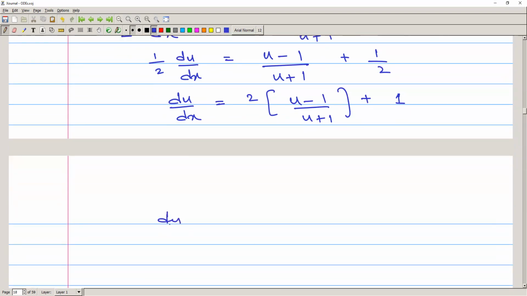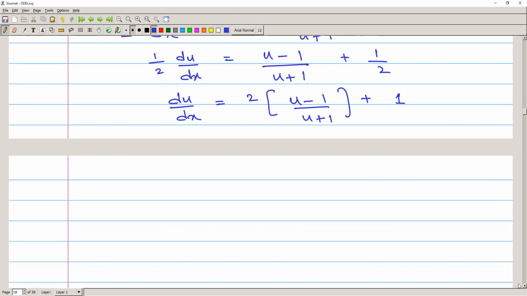Then on further simplification, du over dx is equals to (2u minus 2 plus u plus 1) over (u plus 1).